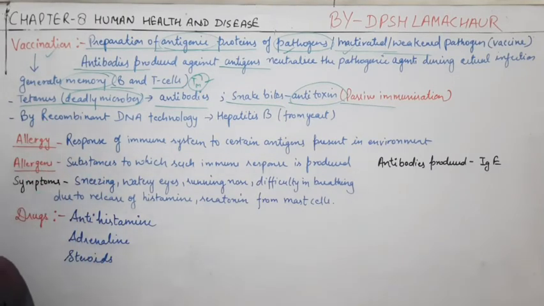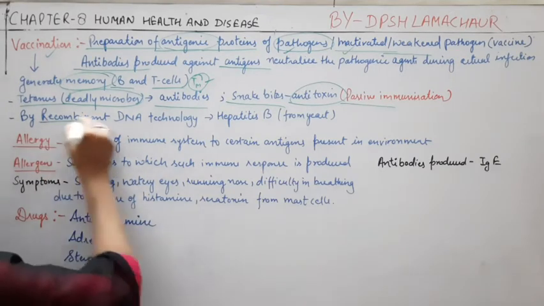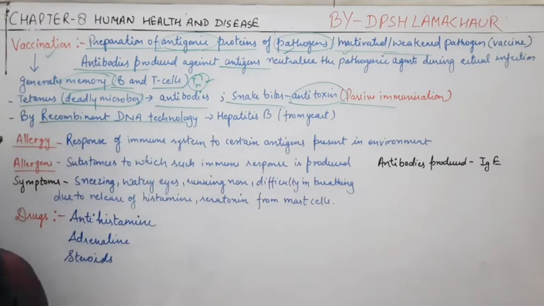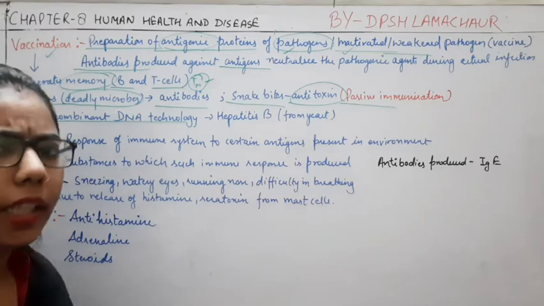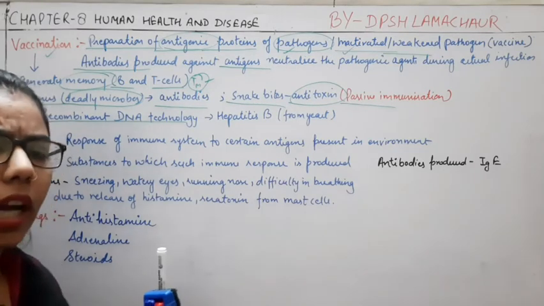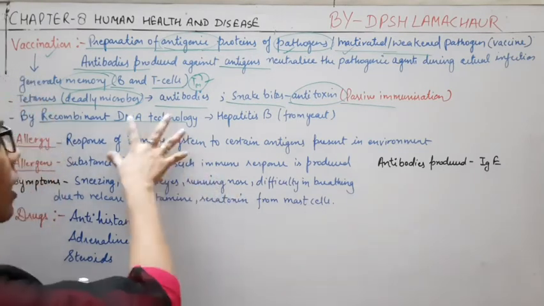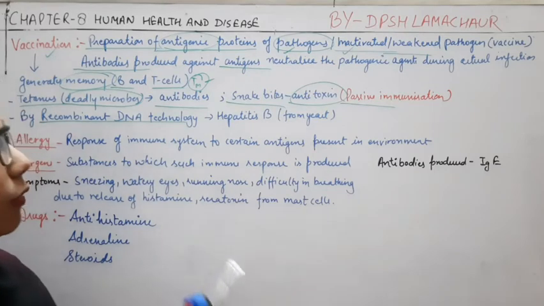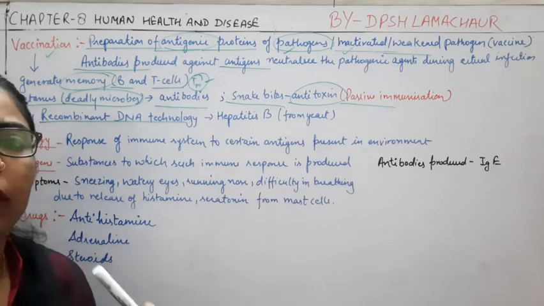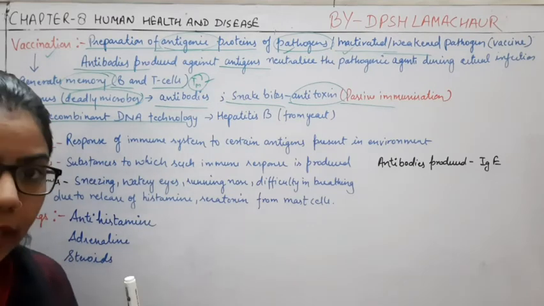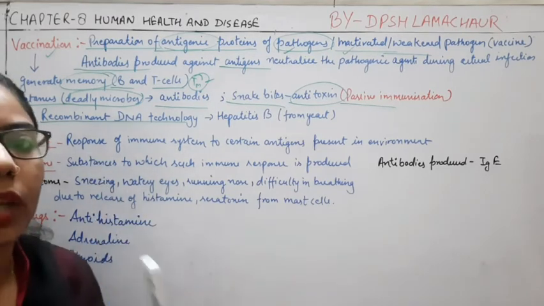Now some more methods are there in today's world, for example recombinant DNA technology. In this technology, we remove the DNA from a pathogen and inject a healthy individual with that DNA, so that if the pathogen acts upon the body another time, our body will understand the mechanism and make more and more antibodies.